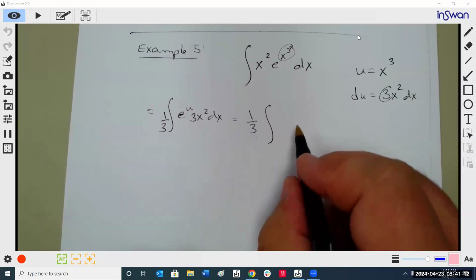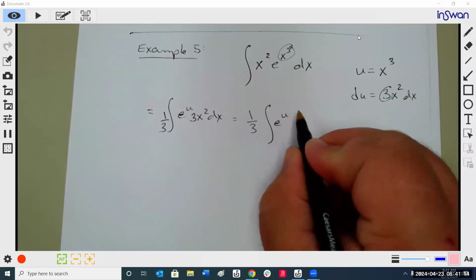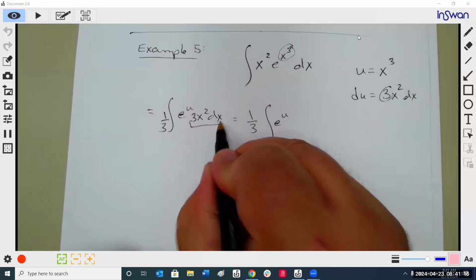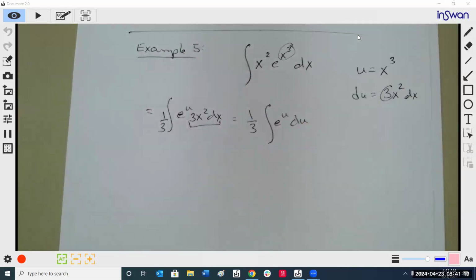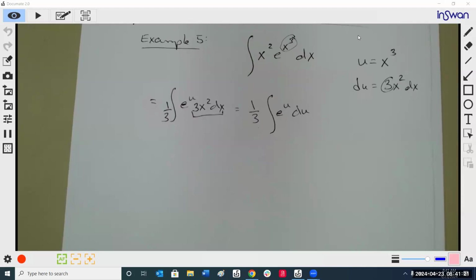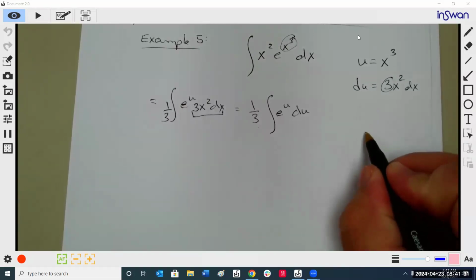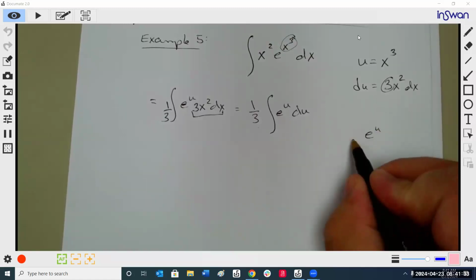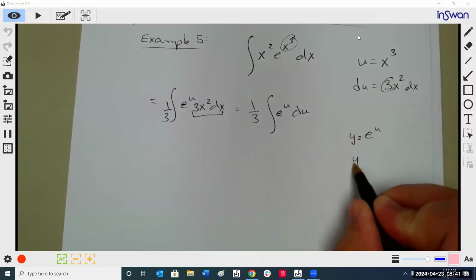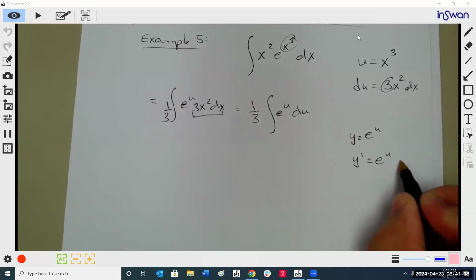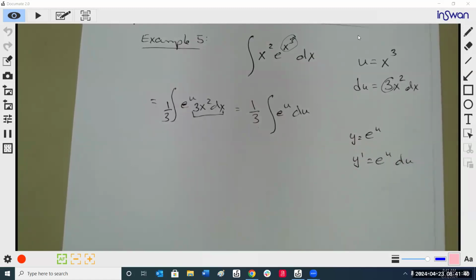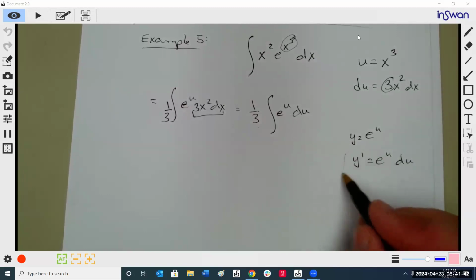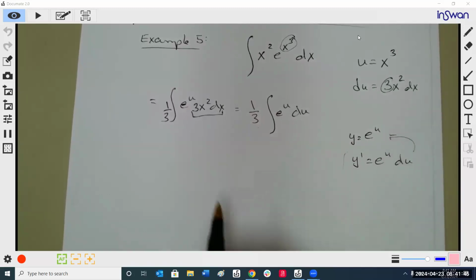So now we have e to the u, this is du. What's the integral of e to the u du? Remember, the derivative of e to the u, if this is our function, the derivative is e to the u du. So the integral is simply e to the u.